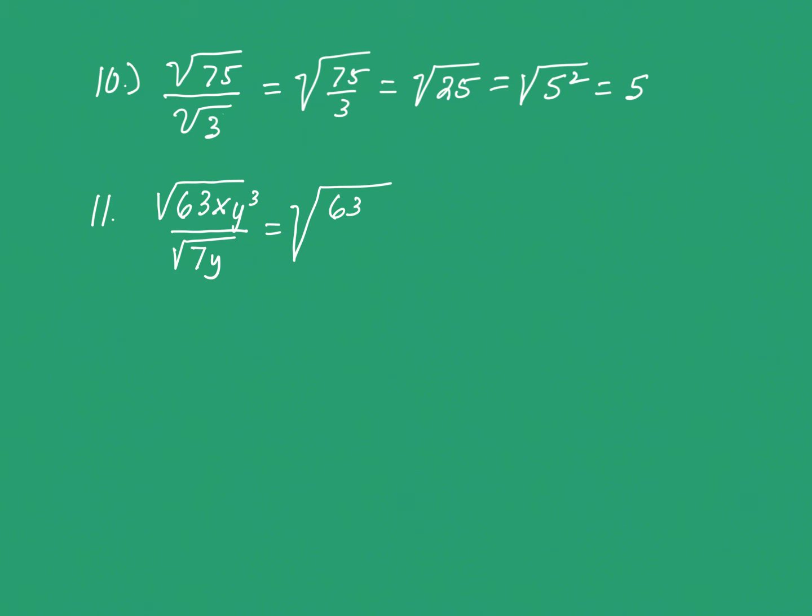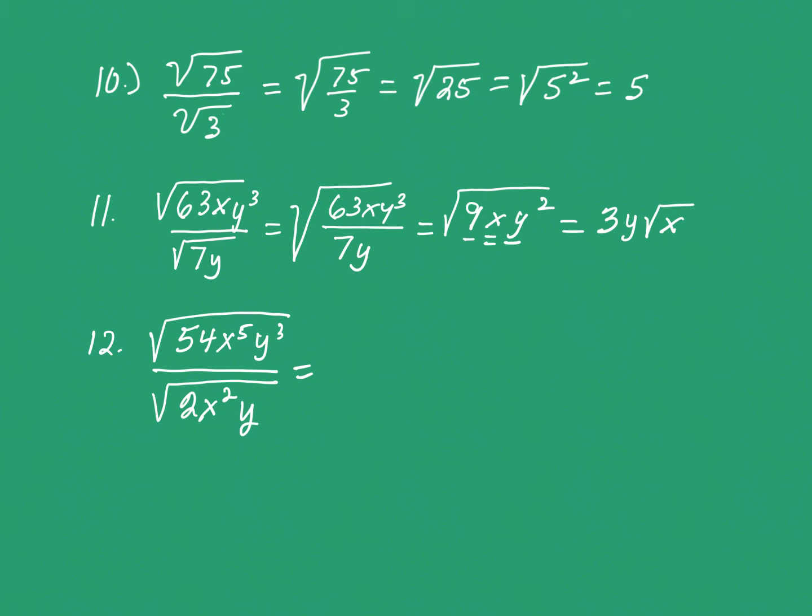So we have 63xy cubed divided by 7y. 63 divided by 7 is 9x. y cubed divided by y is y squared, and you're going to find the square root. Well, we can find the square root of 9, that's 3. We can find the square root of y squared, that's y. But x is not in a pair because the index is 2. So that's going to be the square root of x.